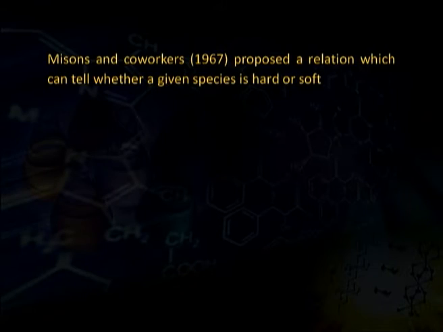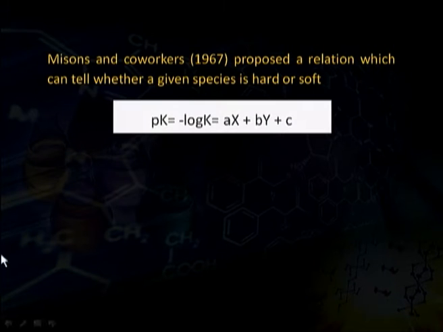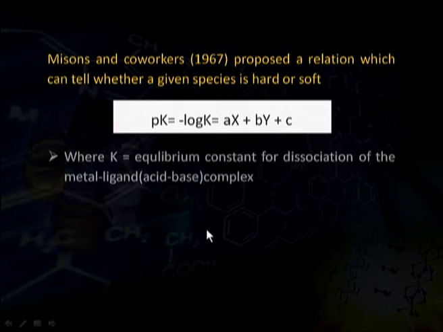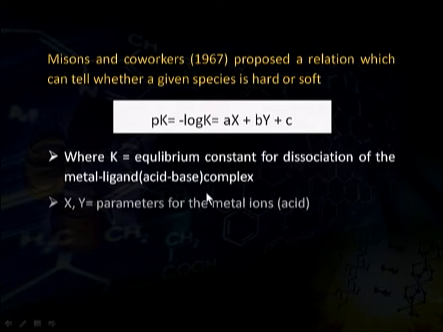According to Pearson and co-workers, they proposed a relation in 1967 which can tell whether a given species is hard or soft. Their relation is pK, which is equal to minus log K, and which is equal to Ax plus By plus C. In this relation, K is the equilibrium constant for dissociation of the metal-ligand, that is the acid-base complex.